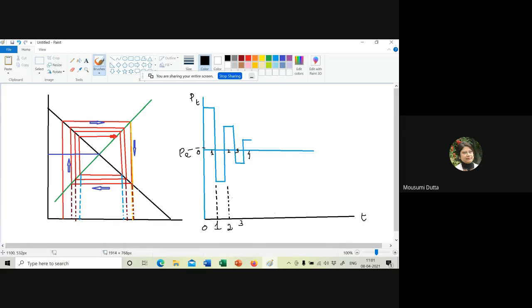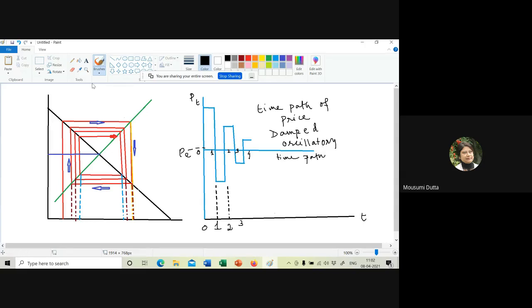Okay, could you draw the time path of price? This is the time path. And here we are getting damped oscillatory time path.